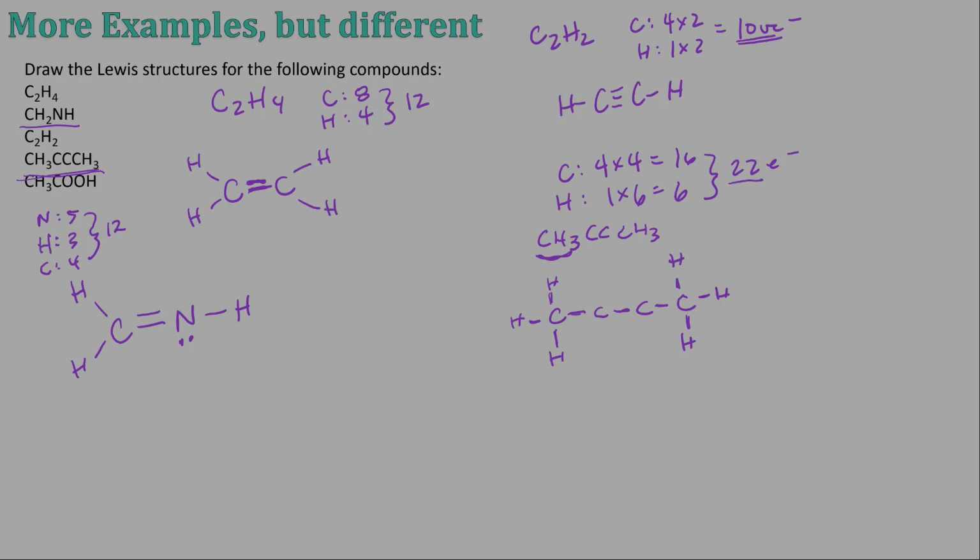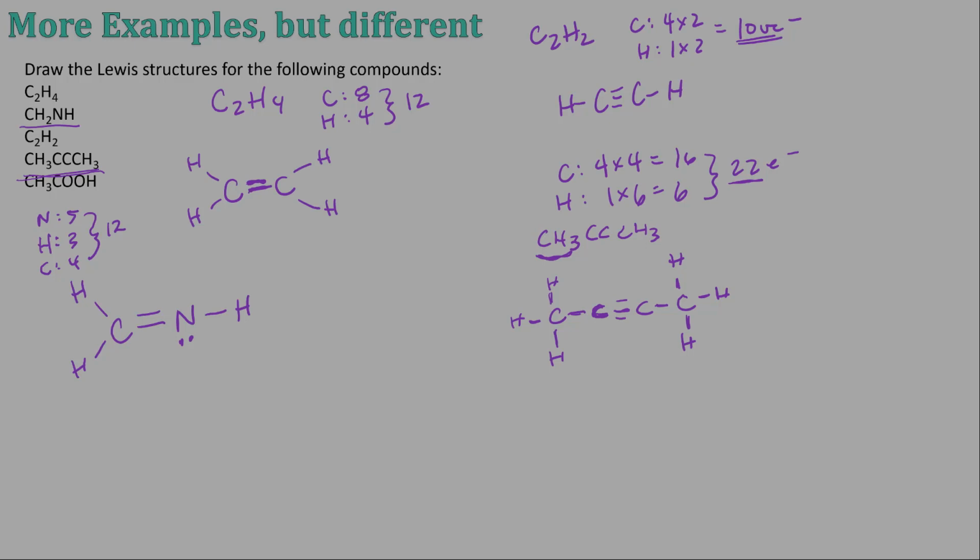So that means that I have 4 more electrons to give out, or 2 more electron pairs. So I'm going to put those 2 electron pairs here. And this carbon doesn't have enough, so these electrons will come down here and share extra. So now everybody has the octet complete, and this would be the structure for that.